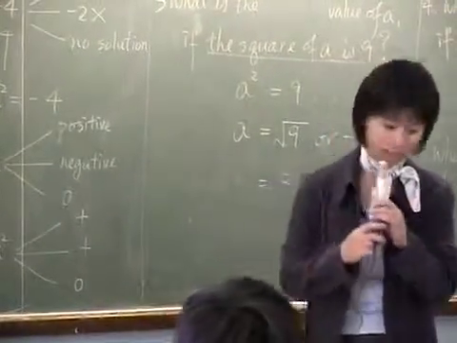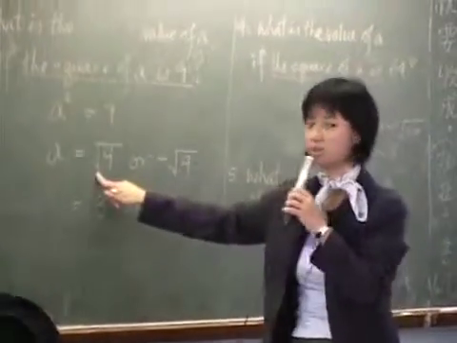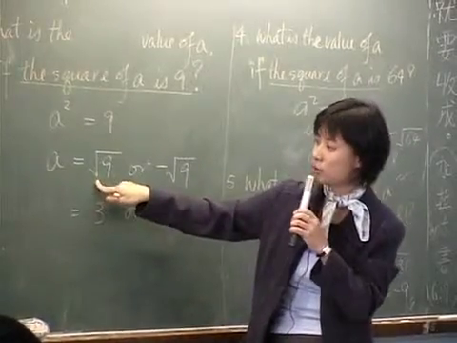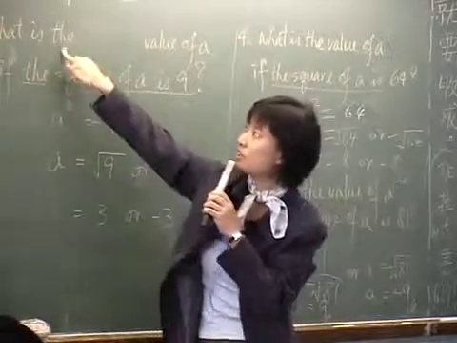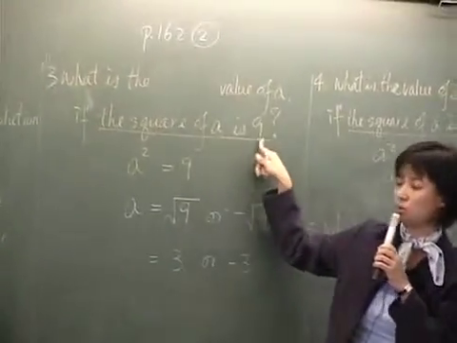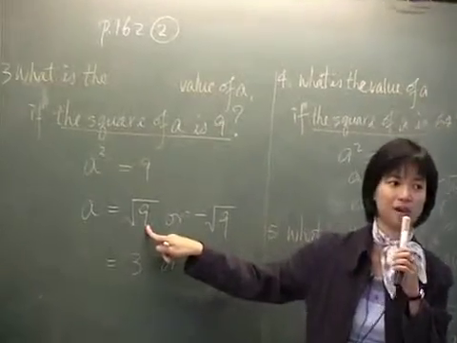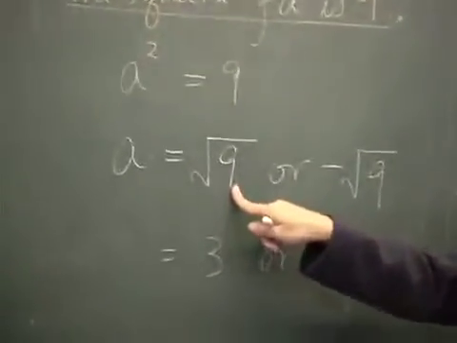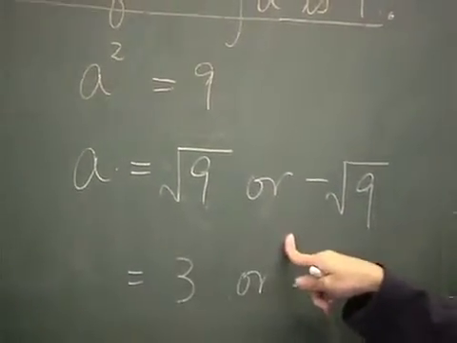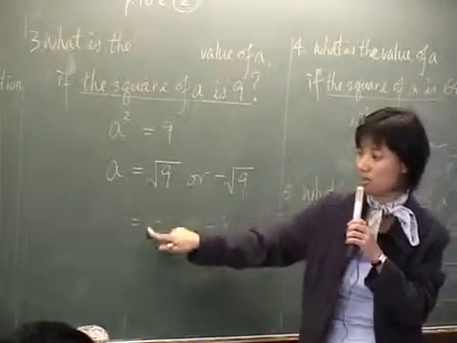No. So in this case, we just learned about the meaning of the square root. So what is the meaning of the square root? Taking the square root of 9 is to find the number a such that the square of a equals 9. And if a squared equals a number, then there are two values. In this case, it shows the answer is positive.